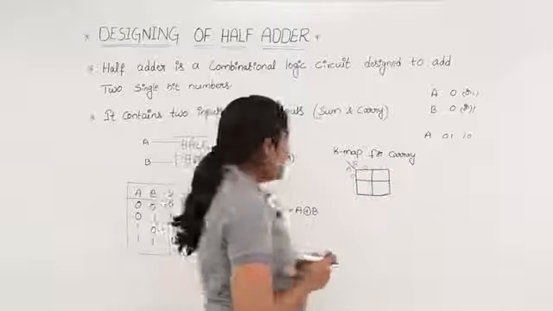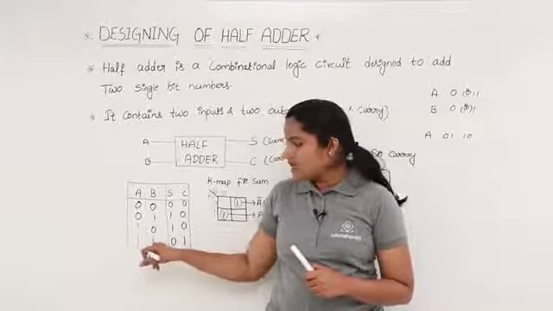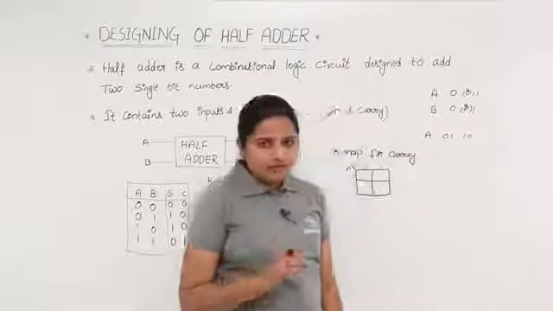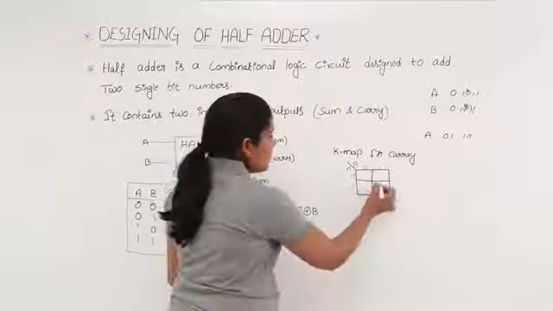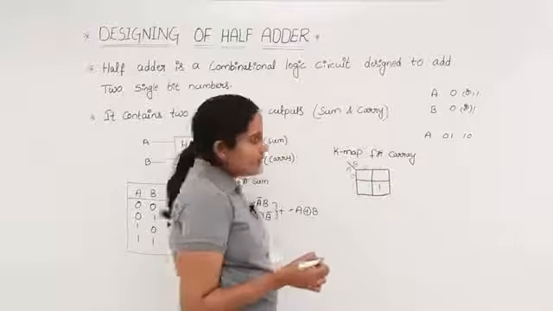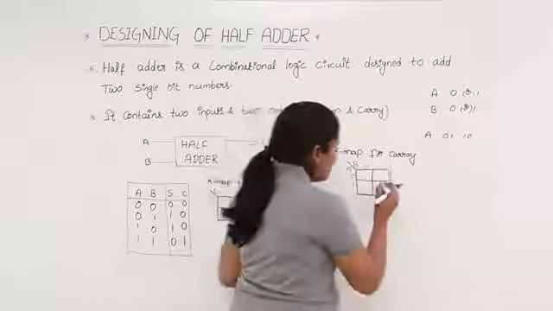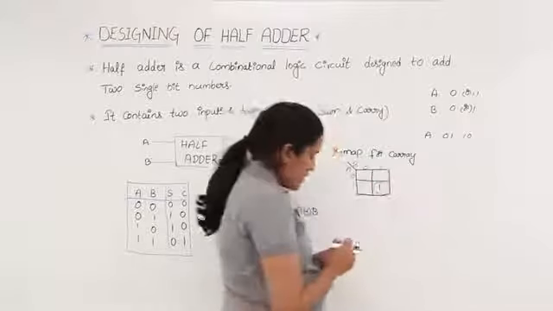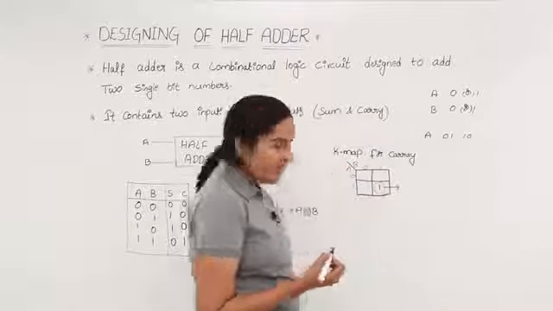Now see here, your carry is equivalent to 1 at only one place, that is A equal to 1, B equal to 1. A equal to 1, B equal to 1 means here. As you have only a single one, you can do an individual grouping. This prime implicant value itself is the output equation for carry.